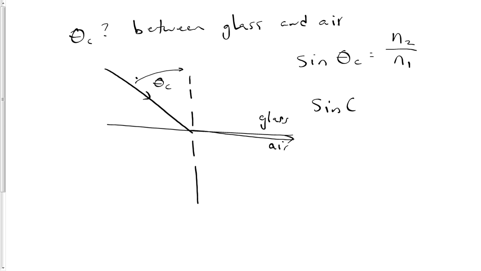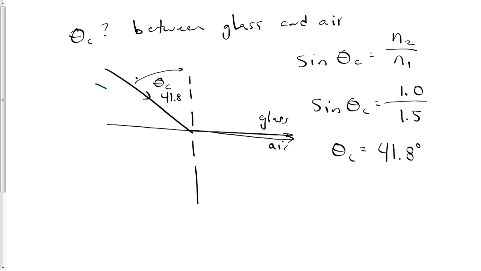In this case, we're going to start from glass and go into air, so theta c is inverse sine of 1 over 1.5, which is 41.8 degrees. So if you get to an angle of 41.8 degrees, that light will refract along the surface.